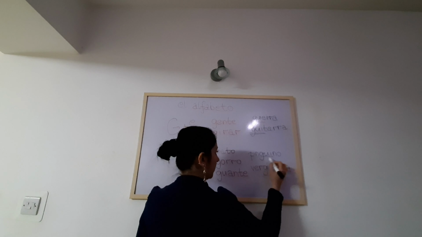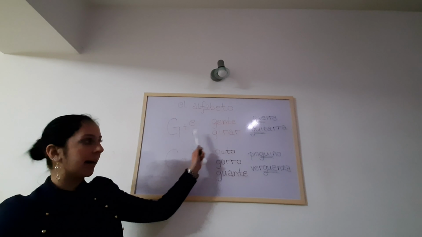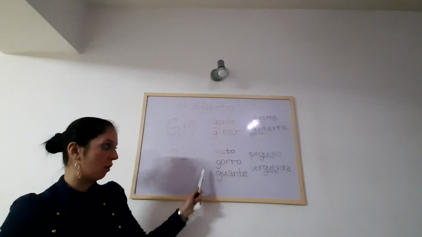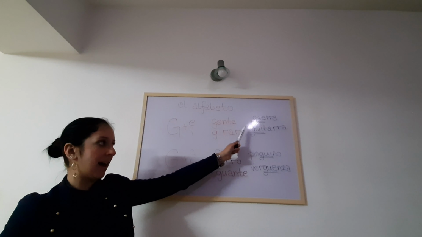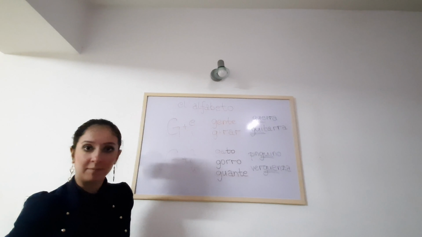So this is gui and gue. So we have je, ji, ga, go, gu, ge, gi, gue, gui. Okay?